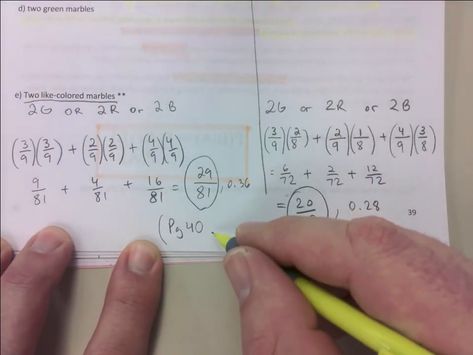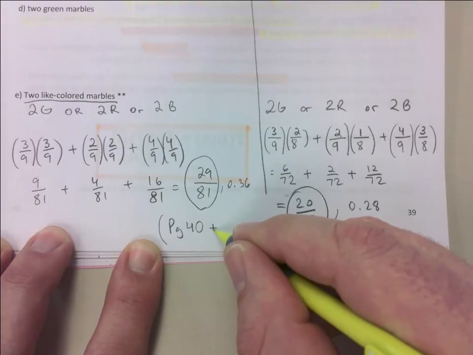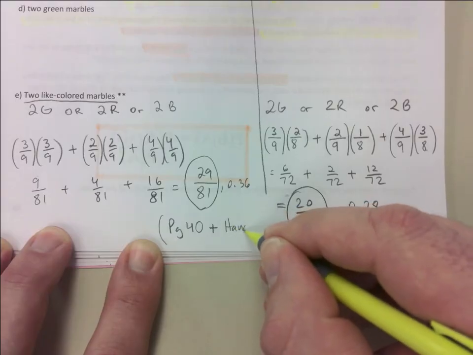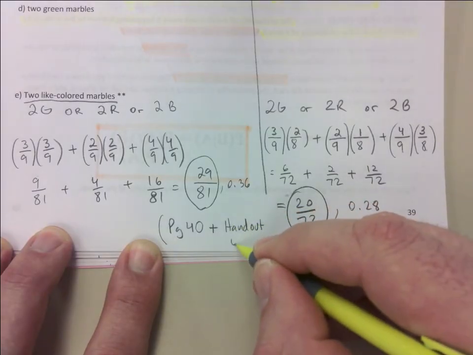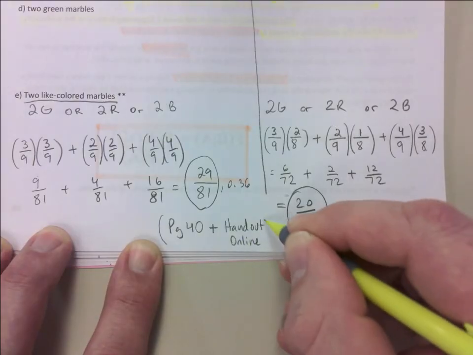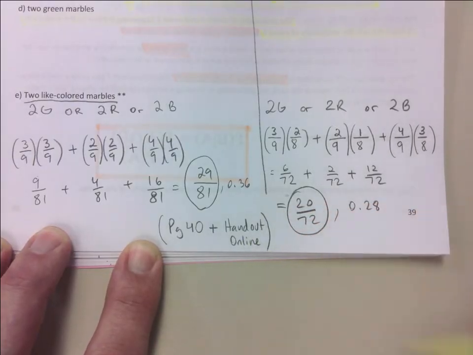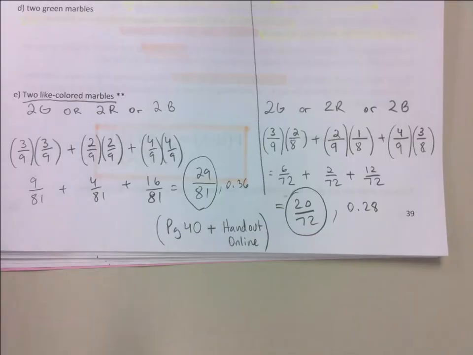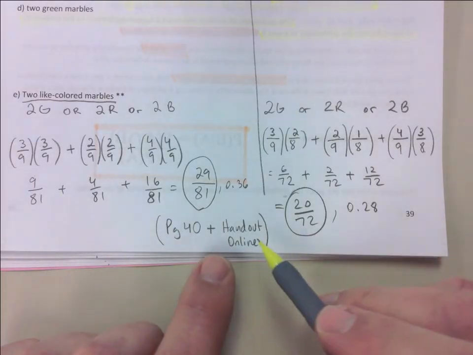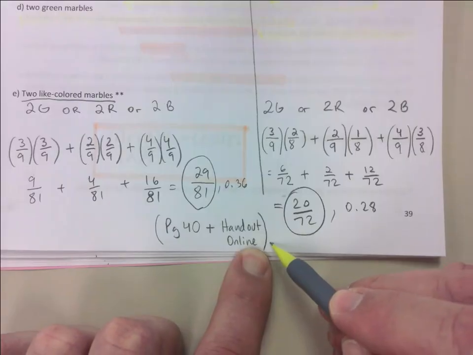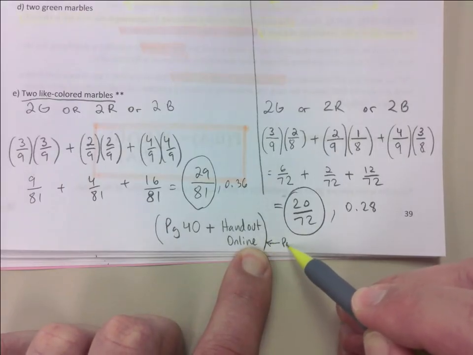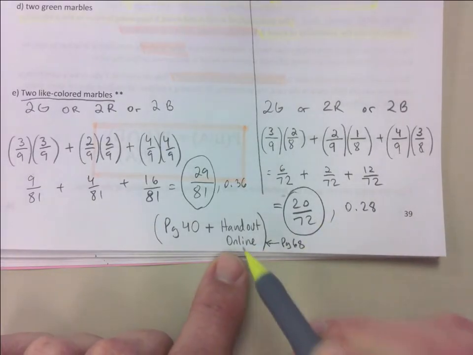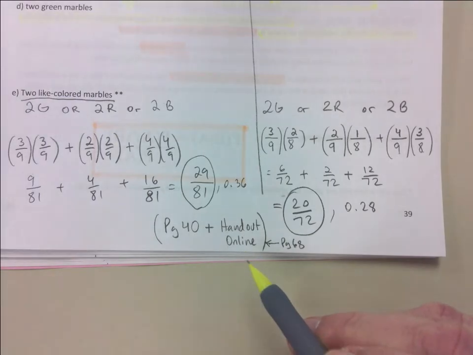Okay, page 40 plus handout online, though. I haven't printed it. I just finished writing it based on this lesson because I felt like I wanted a little bit more. Can you do this on page 68? On page 68, you have a blank page. You answer the questions on that.